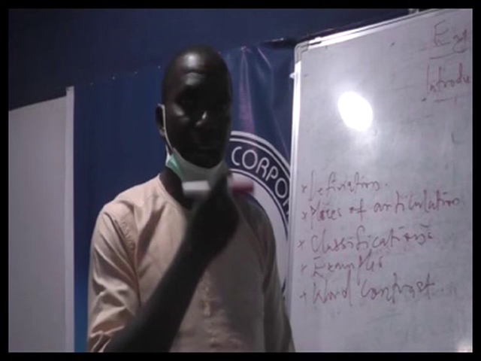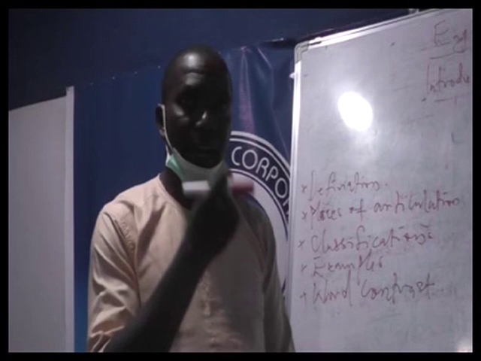Now with this, we also have a few more, but because of the time allocated, we want to quickly summarize what we have discussed so far. We have discussed the definition of consonant sound, which we said is a sound that is produced with an obstruction of the air stream, that is complete blockage of the air, and then you release at once.